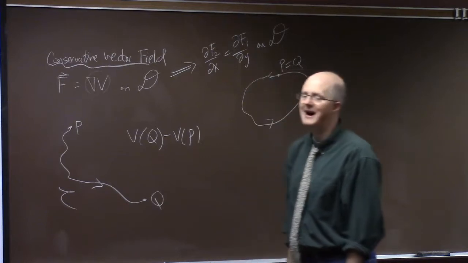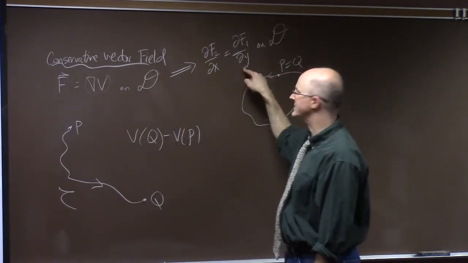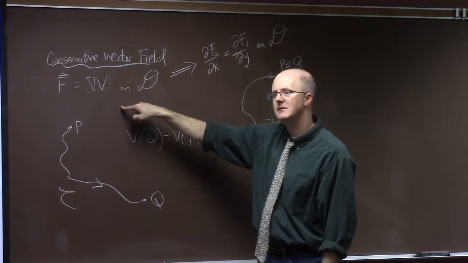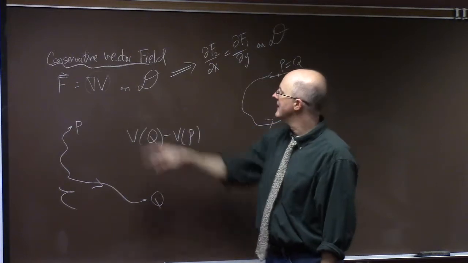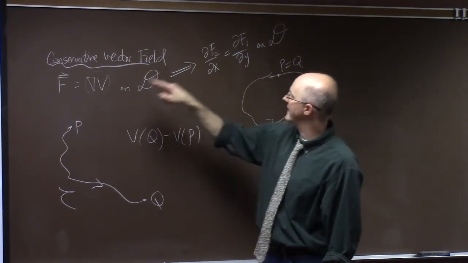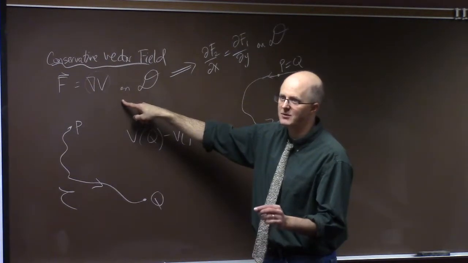It's called the contrapositive of the original statement. If this is true, then that's true. So if this is not true, then this is not true. The converse of the original statement, if this is true, then that's true, is true under an extra condition. What was that extra condition?